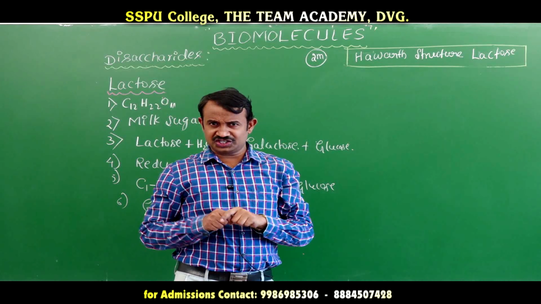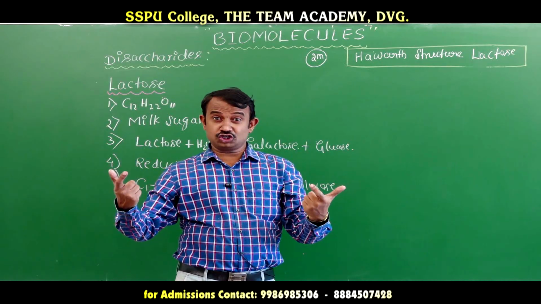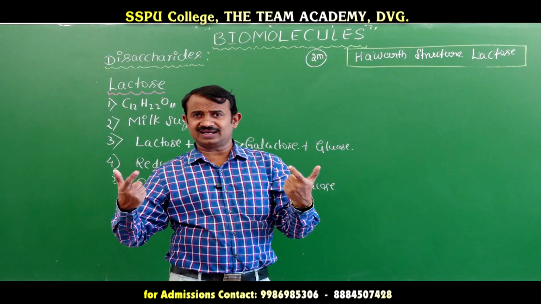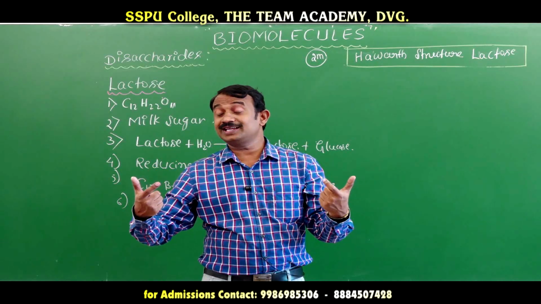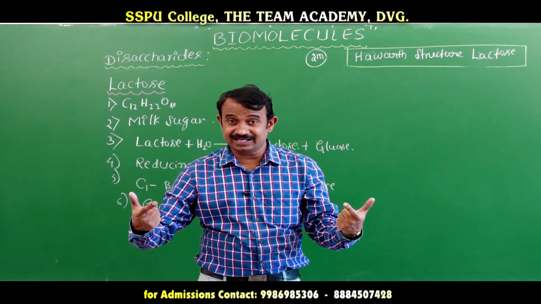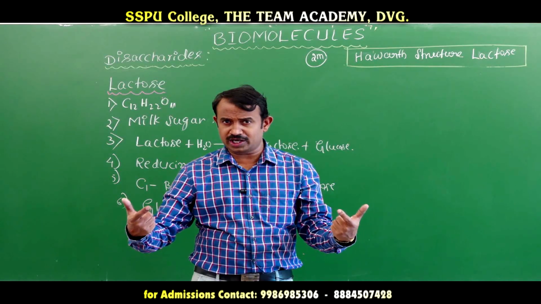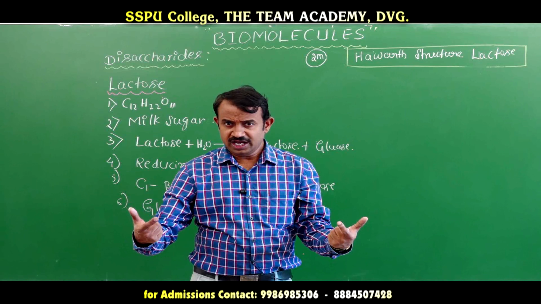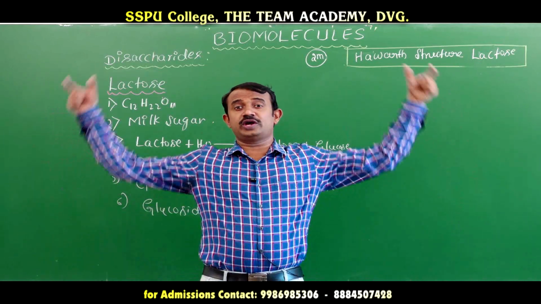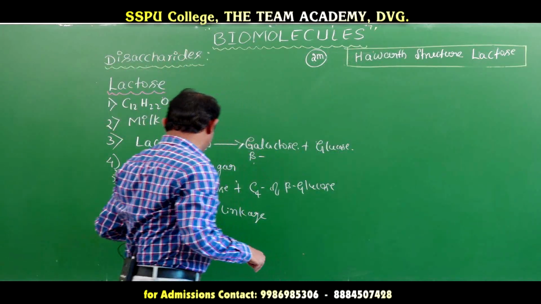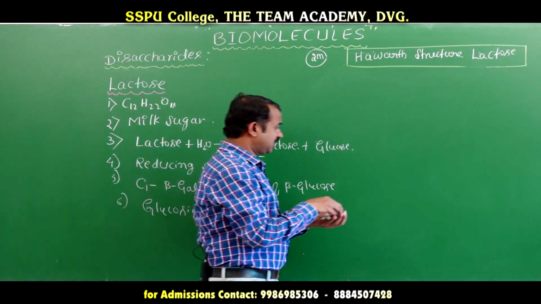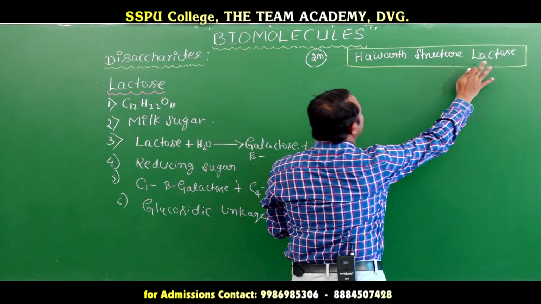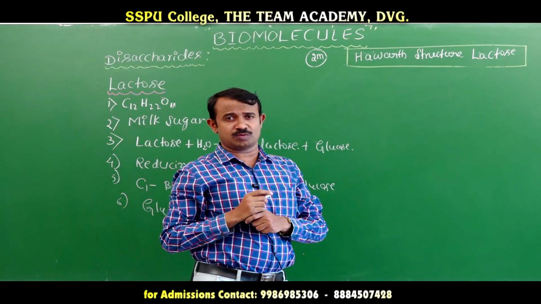Write the pyranose structure, with OH groups on the left side and right side. If the OH group goes above, that is called beta galactose. Now go for the structure of lactose. You will also be asked this as a 2 marks question.